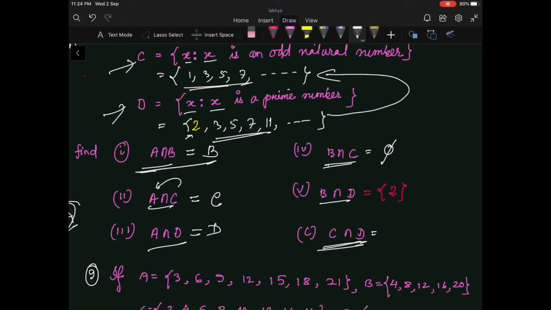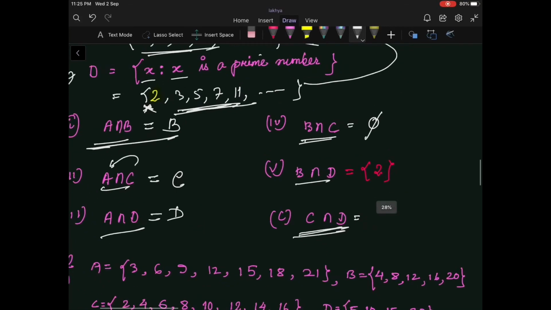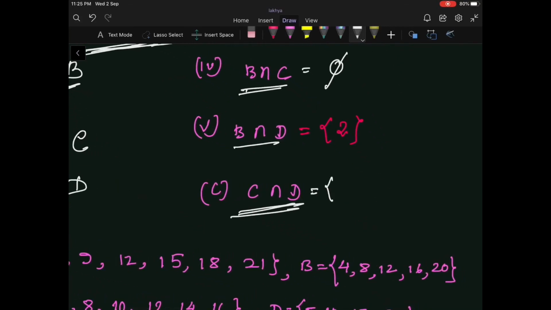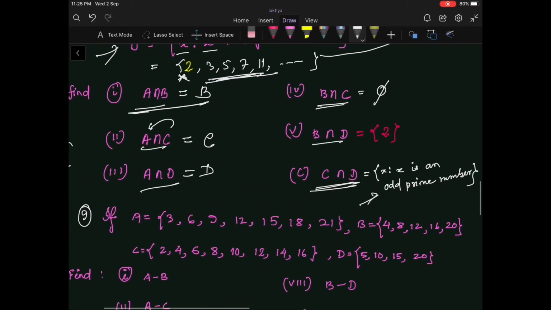Only 2 is an even prime number. That's why we can write C intersection D is a set of x such that x is an odd prime number. So that is our result.